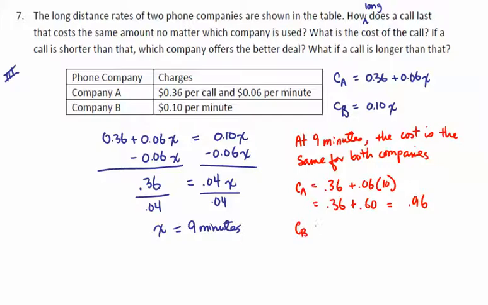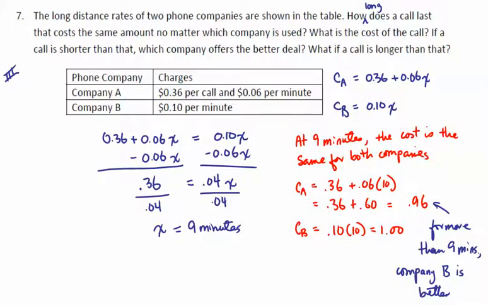Company B, on the other hand, would simply be 0.10 times 10, which is $1. So which call is the better deal? For more than 9 minutes, company B is a better deal.